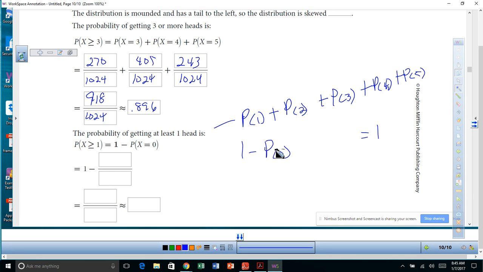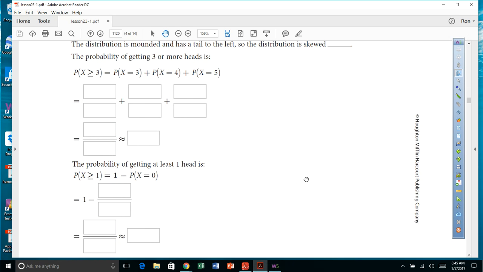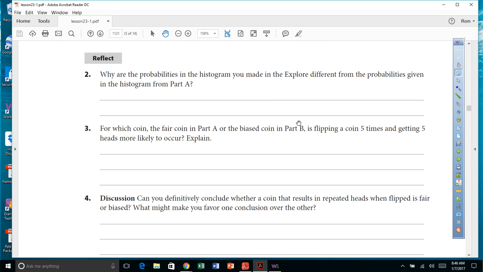So you could just subtract the probability of 0, which is 1 minus 1 over 1,024, which is 1,023 over 1,024, which is approximately 0.999. Okay, and you're almost certainly going to get at least 1 heads when you flip it 5 times.